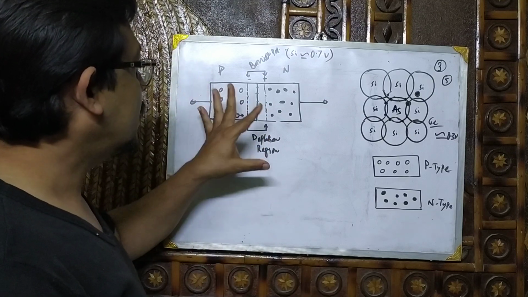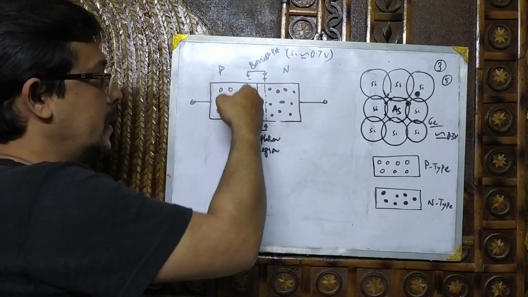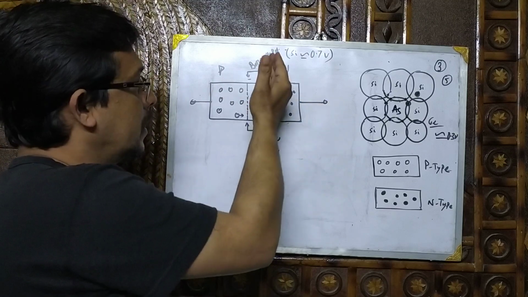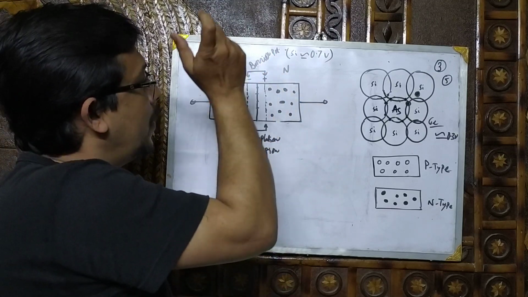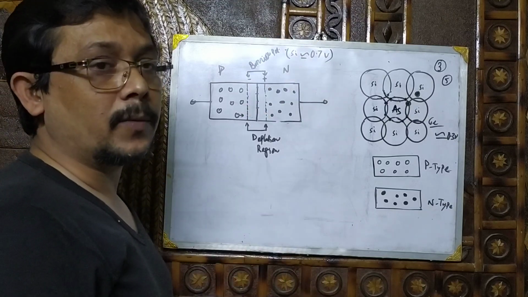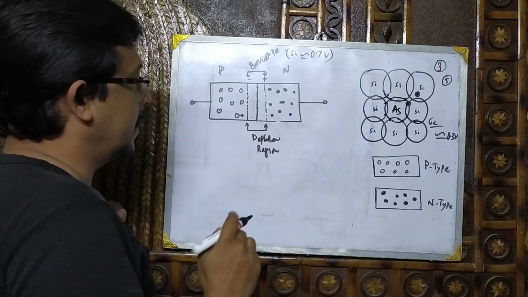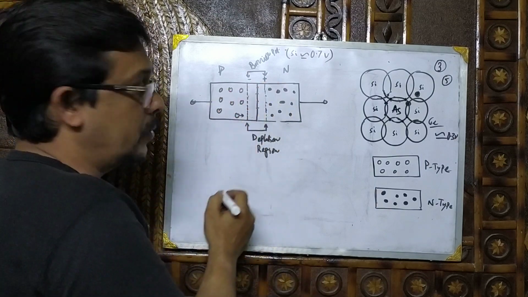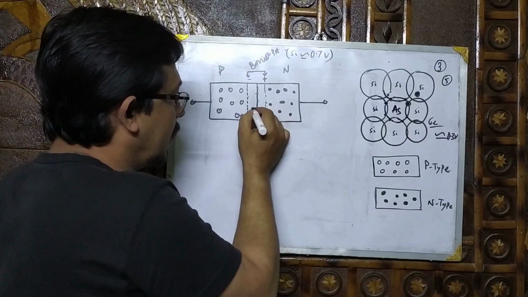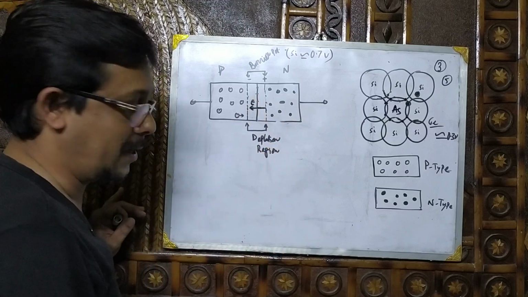So this is the basic condition: due to diffusion, some electrons will come to the P side, creating a negative potential, and some holes will go to the other direction, creating a positive potential. It creates the barrier potential, which in silicon is nearly 0.7 volt initially. If I consider the electric field direction, we know that the electric field goes from positive to negative side. So in this picture, from positive to negative side, we get one electric field like this. So this is the position before connection.